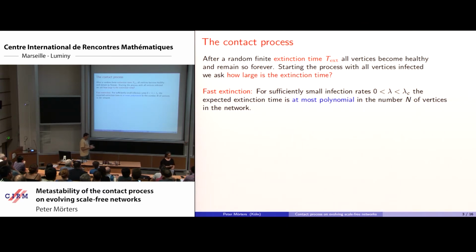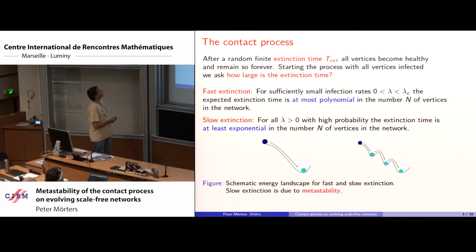When I say network, I mean a sequence of graphs. Capital N is always the number of vertices, so it's a sequence indexed by this number n of vertices. If there exists a positive small lambda such that the expected extinction time is polynomial in the number of vertices, then I say this is fast extinction.